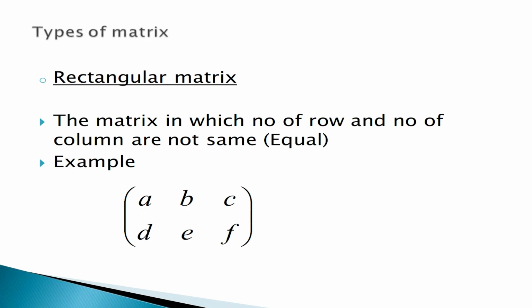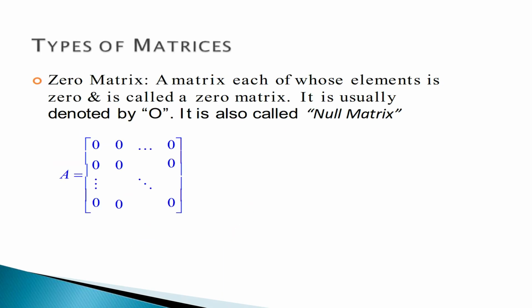Here is A, B, C, D, E, F, an example of a rectangular matrix. Next is zero matrix or null matrix. A matrix is said to be a null matrix if all the elements are 0. That means all the elements in rows and columns are 0. This is the example of a null matrix.